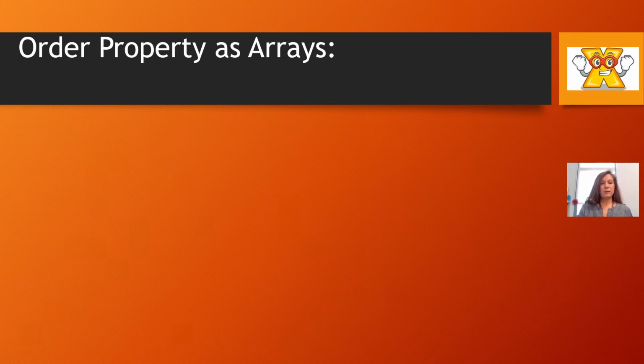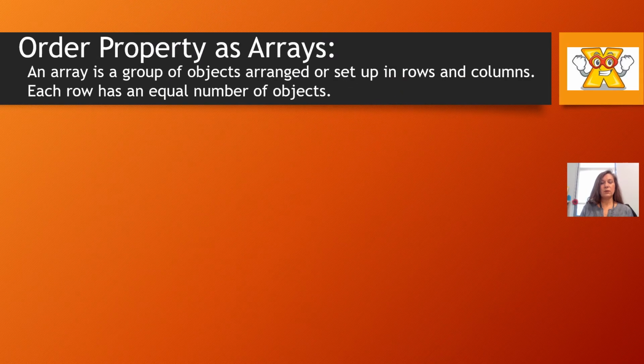So let's look at the order property using arrays. So again, what is an array? We need to know an array is a group of objects arranged or set up in rows, which is like a line going side to side, and columns. And each row is going to have an equal number of objects. So remember, rows go from side to side.